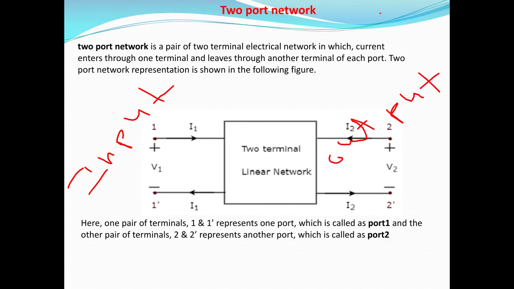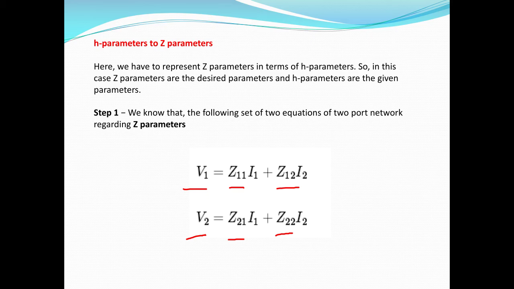Using these parameters of input and output port, we write some equations in terms of H parameter or in terms of Z parameter. So here we have to represent Z parameters in terms of H parameter. In this case, Z parameters are the desired parameters and H parameters are the given parameters.